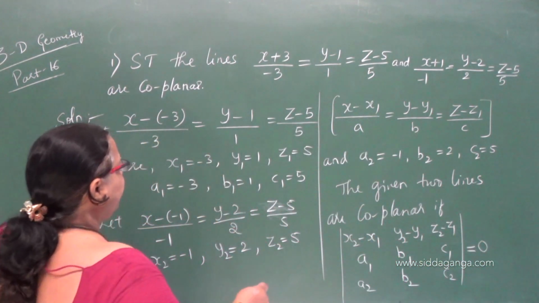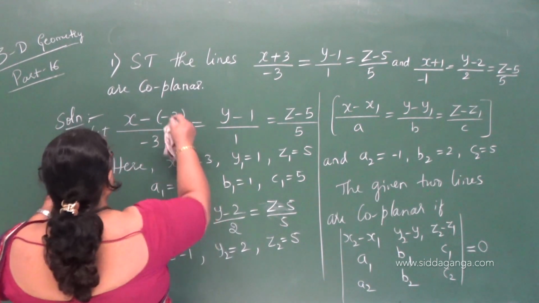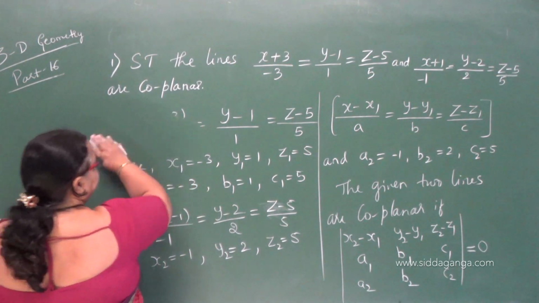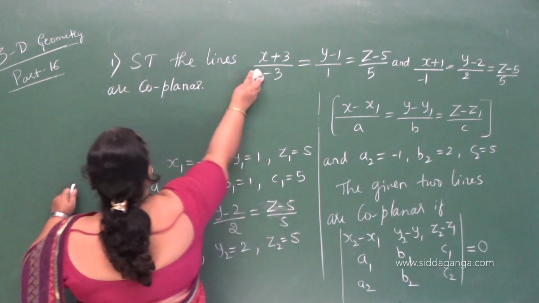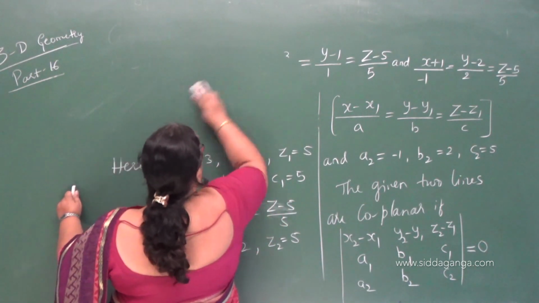So when we substitute, we have to check whether we get 0 or not. We have to prove that it is 0.